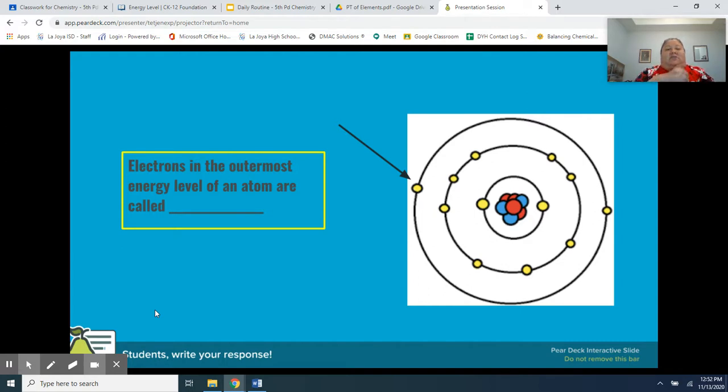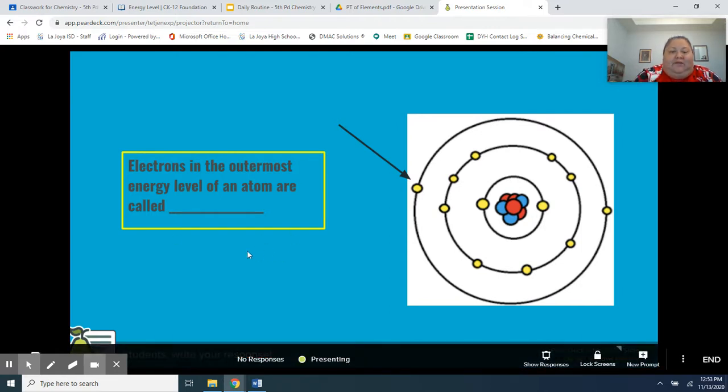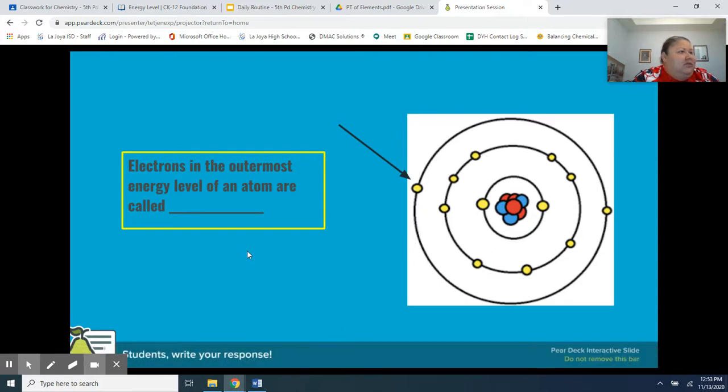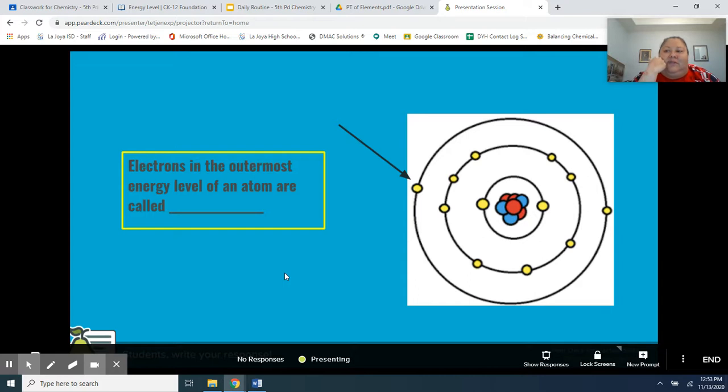Electrons in the outermost energy level of an atom are called what? Are called blank. What is the name of electrons in that outermost energy level? Anybody remember what those electrons are called? They have a special name. I'll give you some time to think.